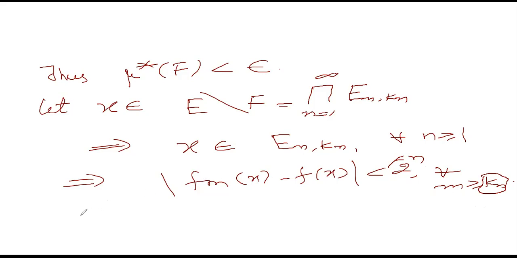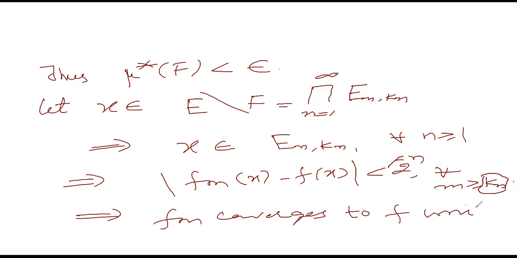So this means that fm converges to f uniformly on E minus F, because this x was chosen in the set E minus F. So that proves this theorem completely.